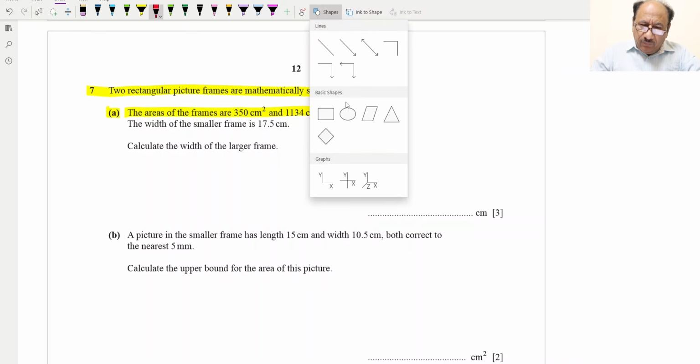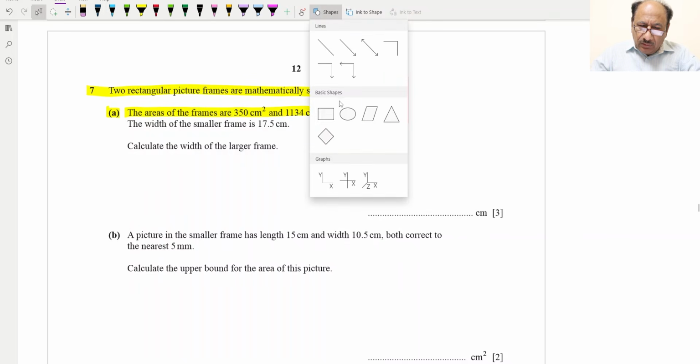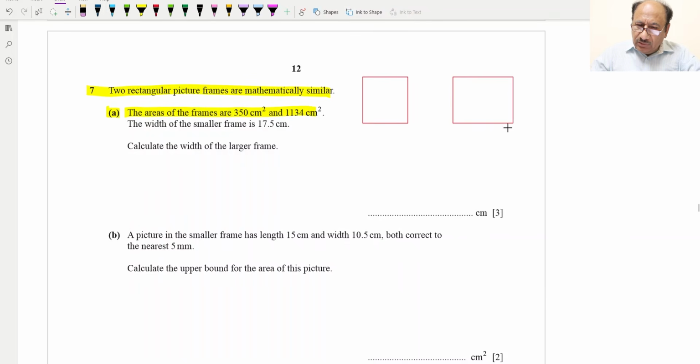So we can draw one frame, and another frame also, which is mathematically similar but a little bigger in size.